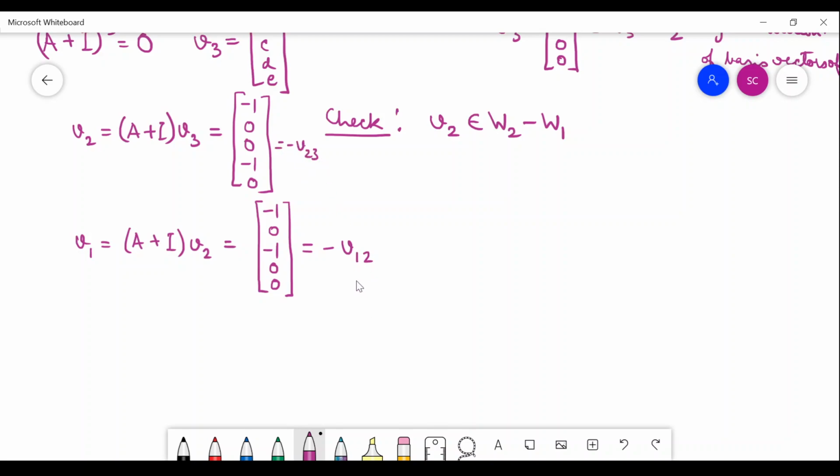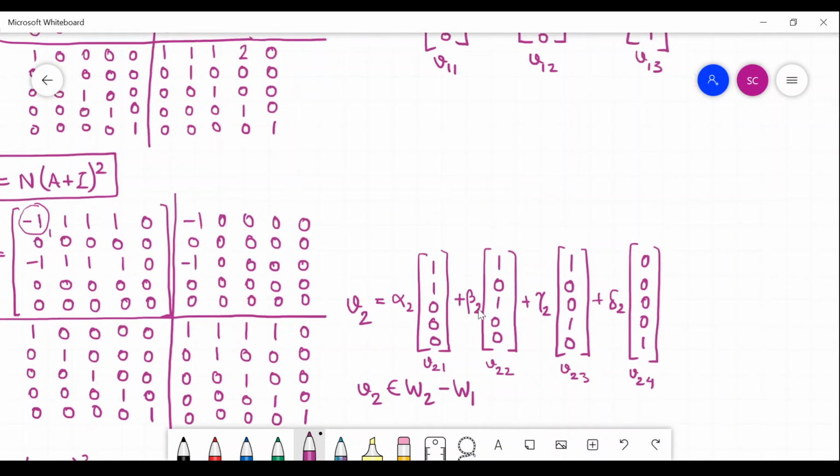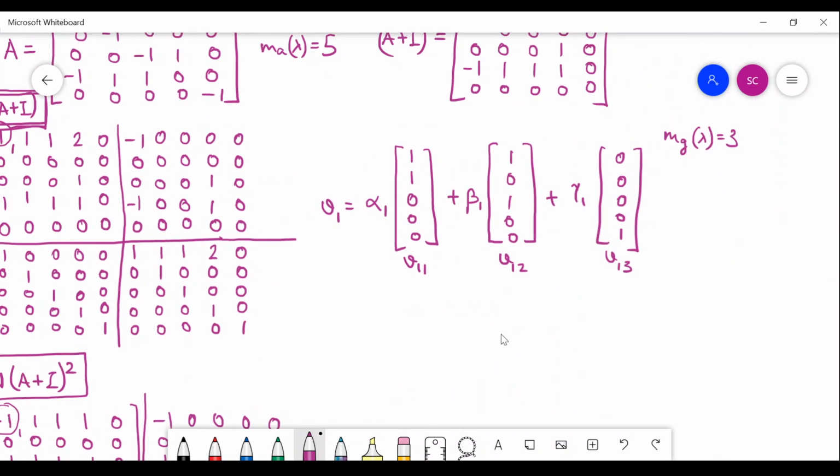So the V12 that I had assigned, if you go back at the top, you will see that among the basis vectors that I had found out for W1, V1 is equal to minus V12. So you have actually now come to the conclusion that your V12 was basically generating all these higher order basis vectors.